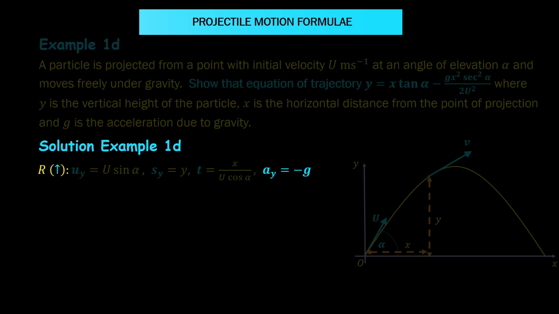Vertically, acceleration equals minus g. Notice that we're taking the upward direction as positive. We have letters u, s, t and a, so we use the formula s equals ut plus a half at squared.